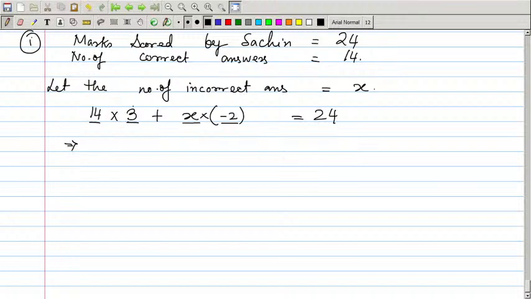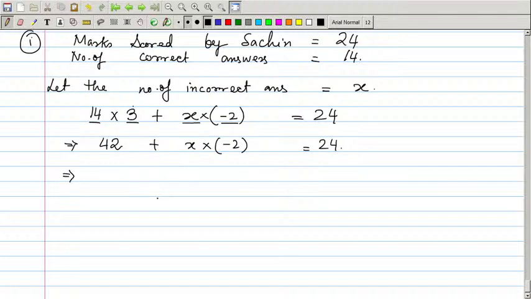So now this one is 42 plus x into minus 2 is equal to 24.